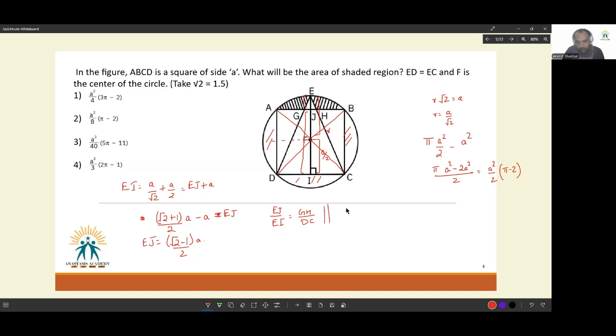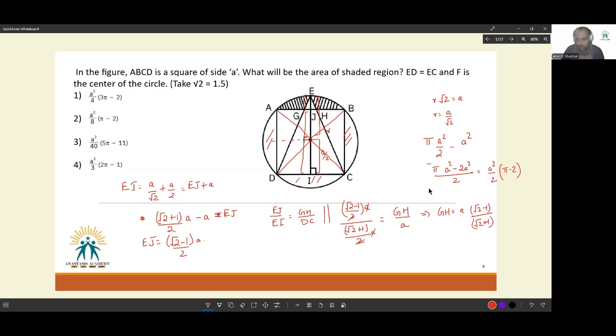So from here I'll get root 2 minus 1 by 2A upon root 2 plus 1 by 2A is equal to GH by A. This A and this A cancel, this 2 and this 2 cancel, or GH is equal to A root 2 minus 1 by root 2 plus 1.